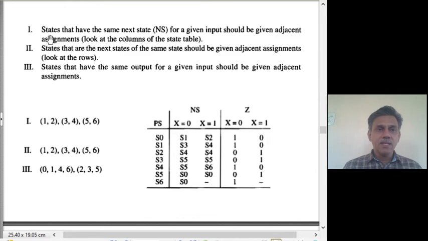The first one tells states that have the same next state for a given input should be given adjacent assignment. Well, adjacent assignment is something that we need to understand. What we mean by adjacent assignment is that those states should be encoded with similar bit patterns.